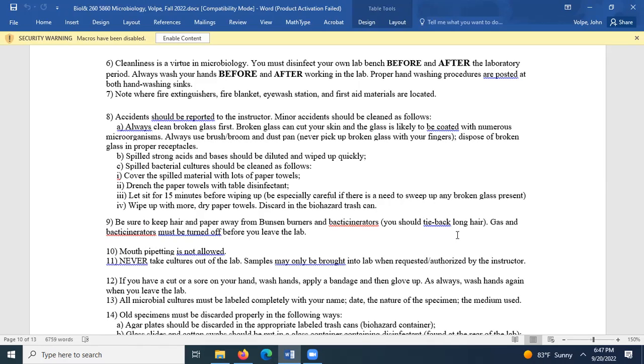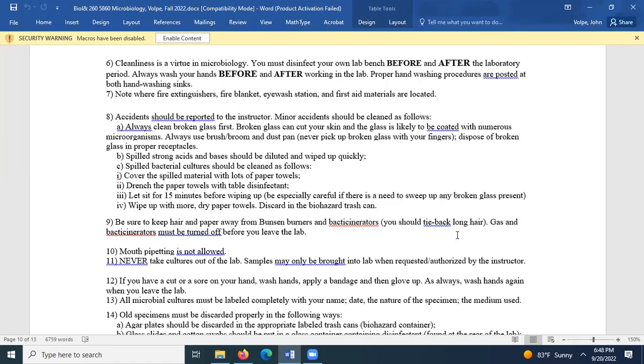Spilled bacterial culture should be cleaned as follows. Cover the spilled material with lots of paper towels. Drench the paper towels with disinfectant. Let it stand for 15 minutes before wiping it up. Wipe it up with paper towels. Be careful if there's broken glass present. And then take the paper towels and the cleaned up spill and put it in the biohazard trash can.